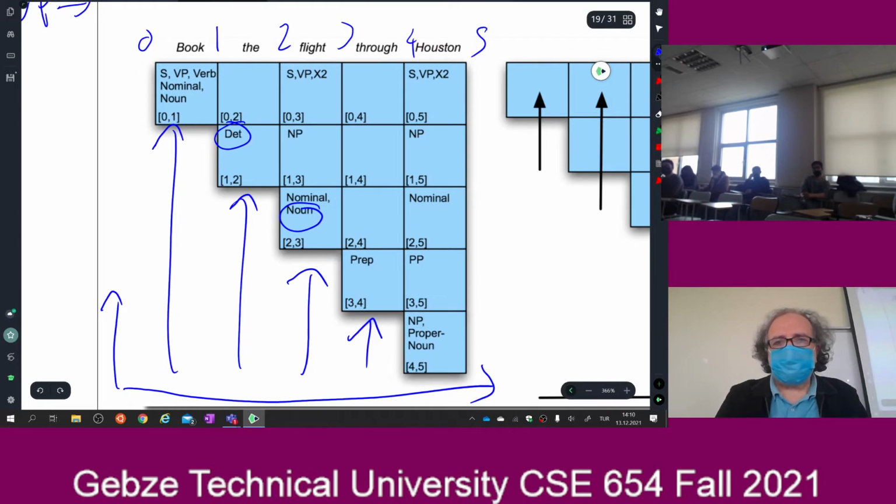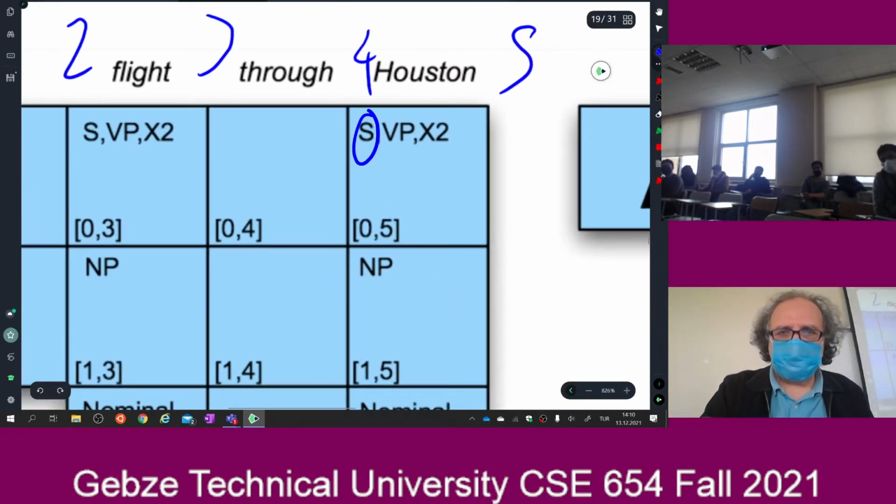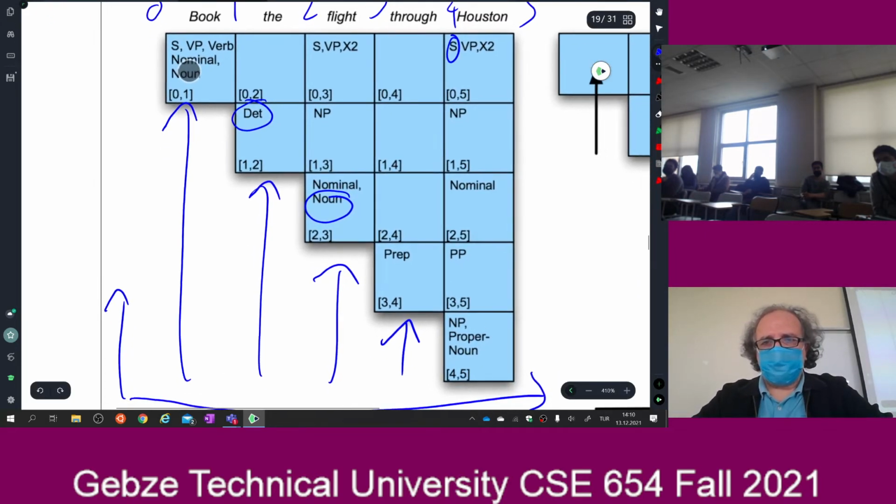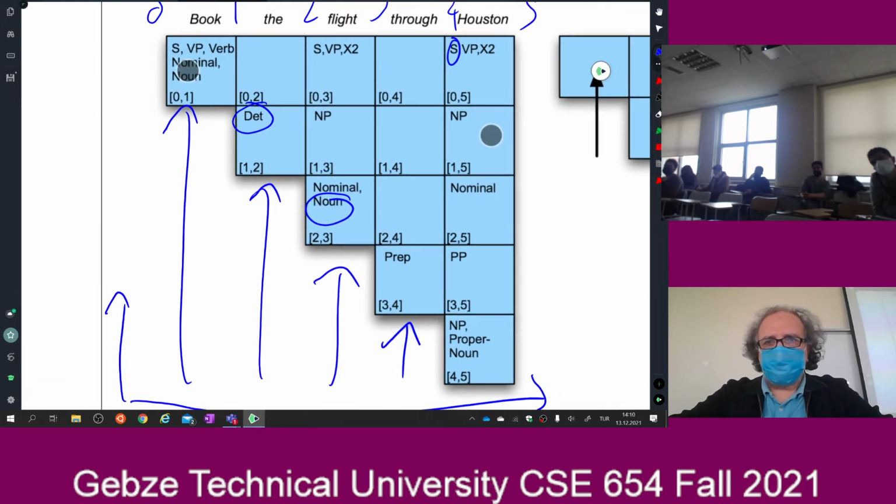This one says, where does this S come from? Tell me where this S is coming from. What is this S? It is 0 to 1 and 1 to 5.